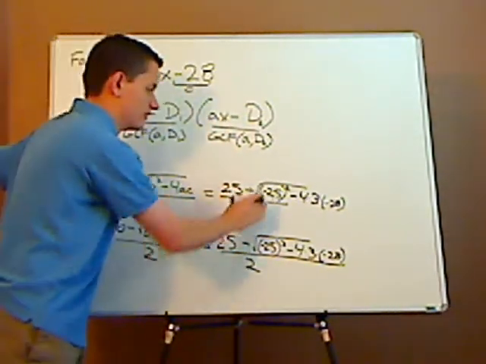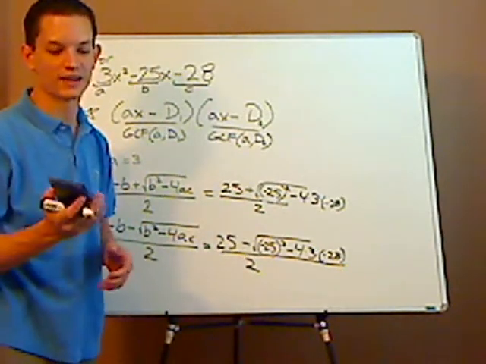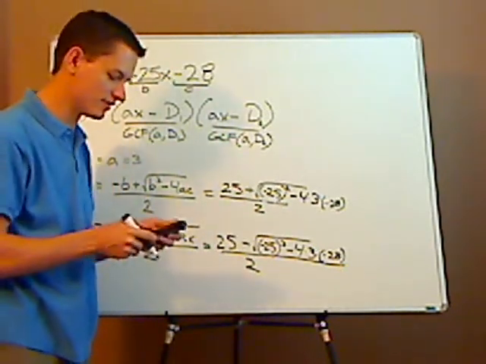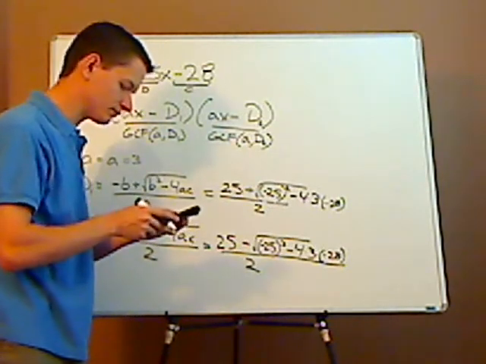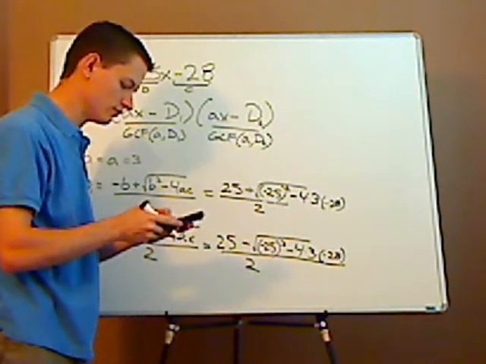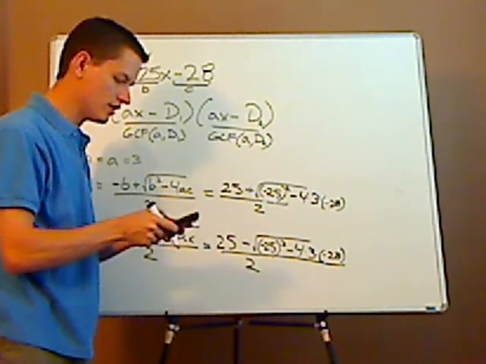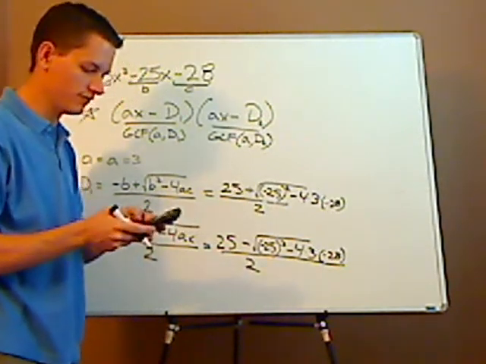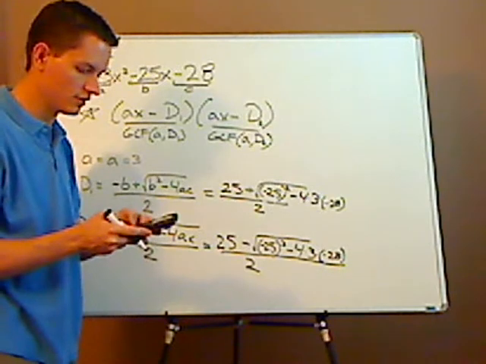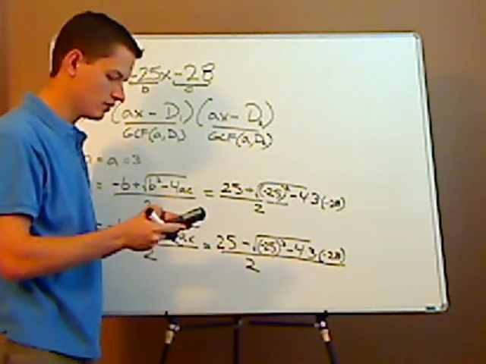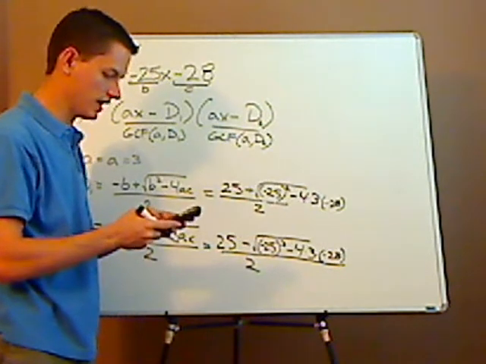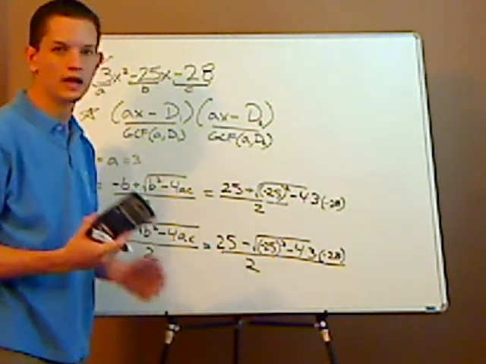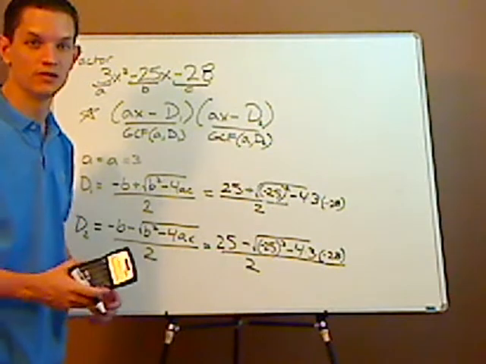Now with this, you're going to have to break out a calculator because these numbers get rather huge. Let me do it separately. So you have negative 25 in parentheses squared minus 4 times 3 times negative 28. And I got 961.